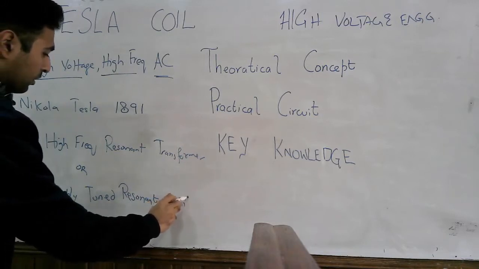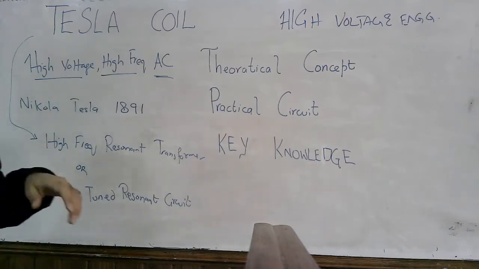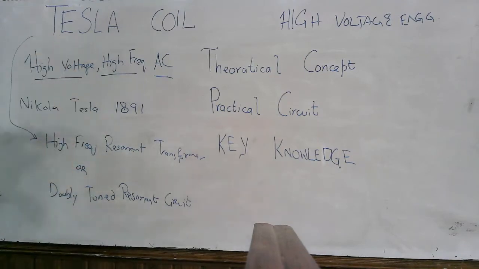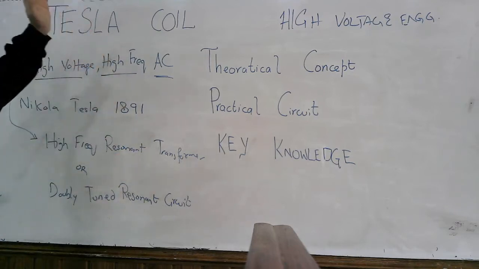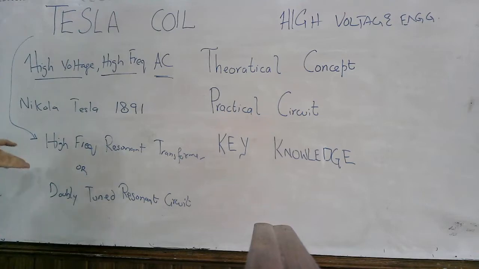Now, in our previous video lectures, we discussed the high frequency resonant transformer, and today I am discussing the Tesla coil. Now, what is the key difference between the high frequency resonant transformer and the Tesla coil? Though Tesla coil is sometimes referred to as the high frequency resonant transformer circuit, it is not actually.